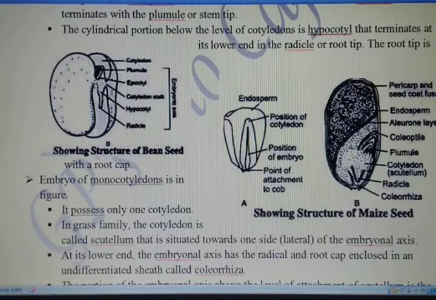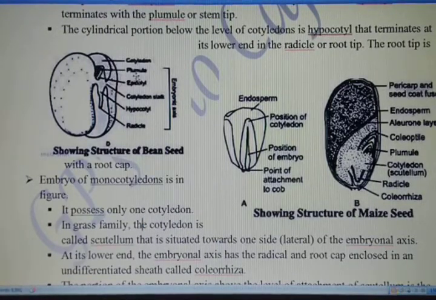And the part of the embryonal axis which is in contact with the two cotyledons is the point of contact between the embryo and the cotyledon. Over here it is labeled as the cotyledon stalk. Above that is the part which is going to come out of the ground surface when it is sown into the soil.